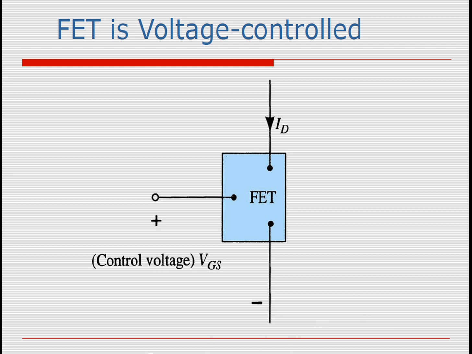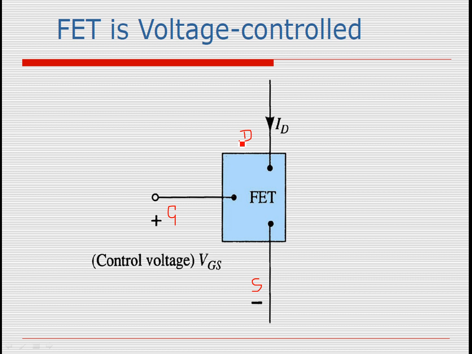Here, this is the source terminal, this is the gate terminal and this one is the drain terminal. So in this device the drain current ID is controlled by the input applied voltage between the gate and source terminal, that is VGS.